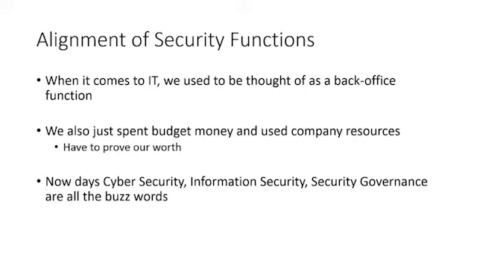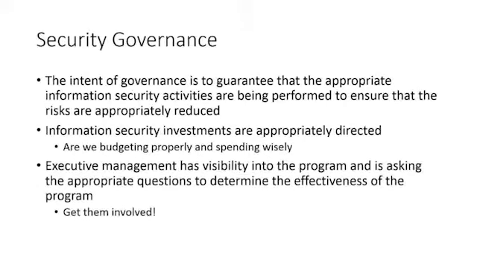So we have to align this, all right? You're going to hear terms like cybersecurity, information security, security governance. Those are all buzzwords when it comes to lining up our security functions with these business processes. So when it comes to security governance, the intent of governance is supposed to guarantee that the appropriate information security activities, the things that we do daily, are being performed to ensure that the risks are appropriately reduced.